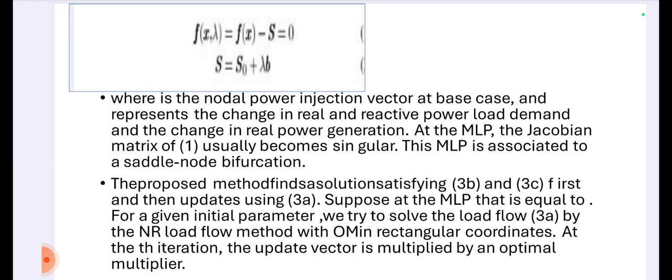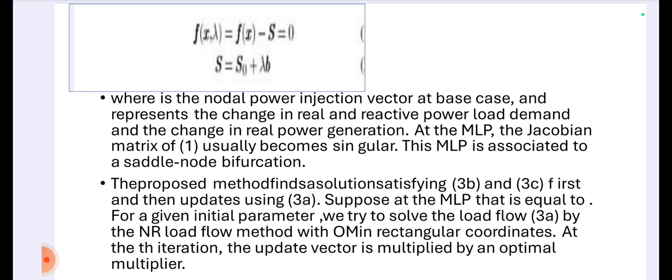Suppose that at the MLP the proposed method finds a solution for a given initial parameter lambda naught. We try to solve the load flow by the NR load flow method with OM in rectangular coordinates.